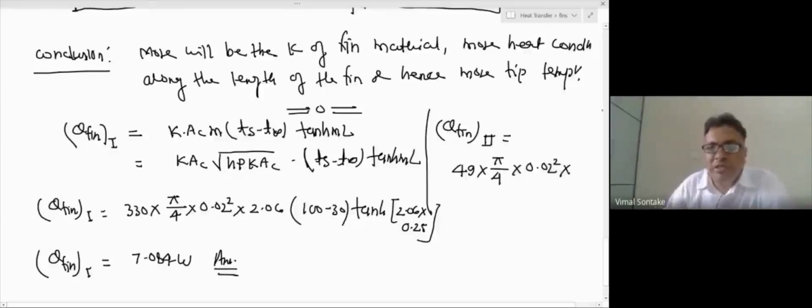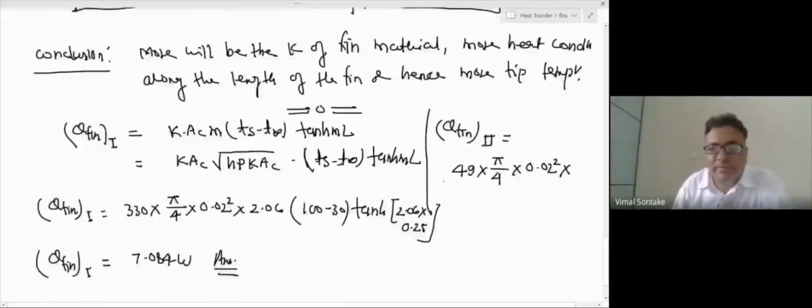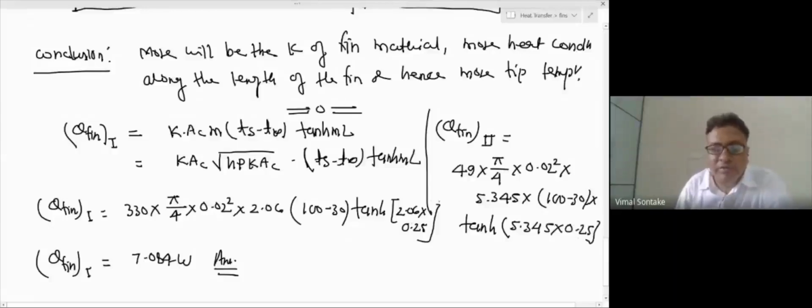M value is 5.345 into (100 minus 30) into tanh of 5.345 into 0.25.